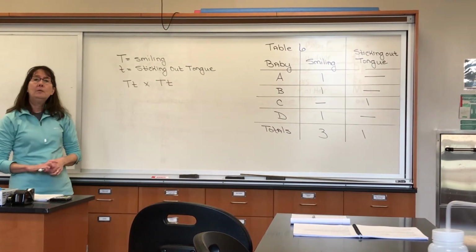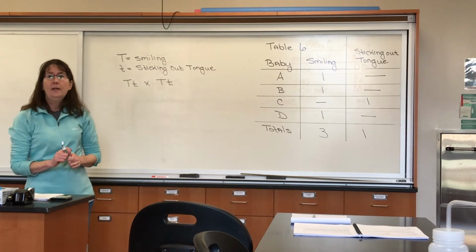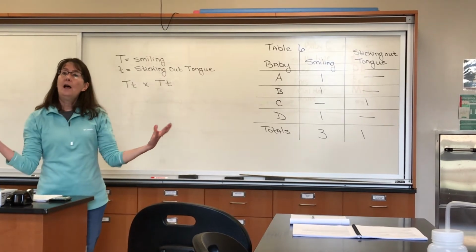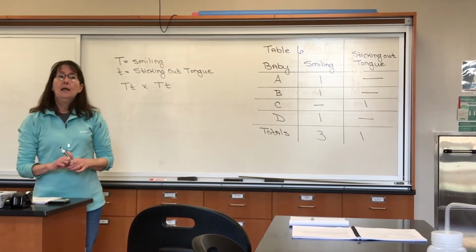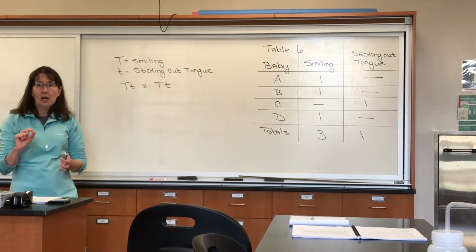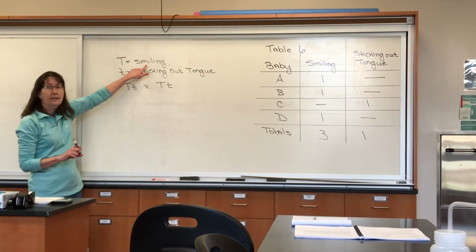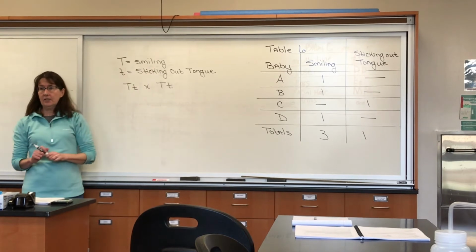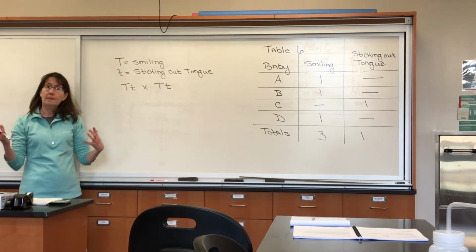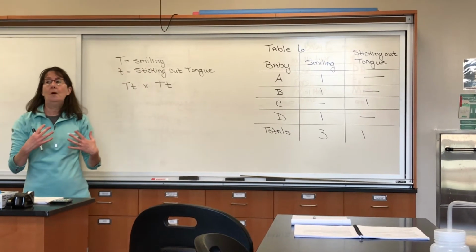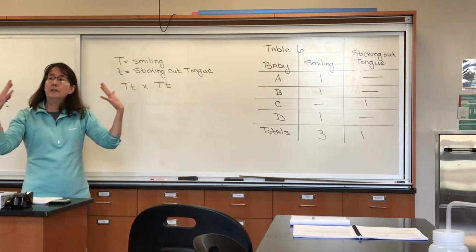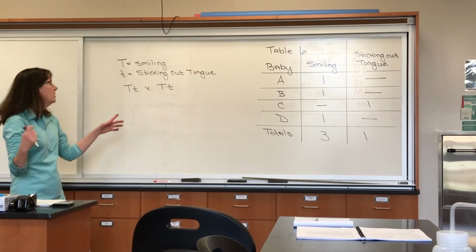We can now complete a Punnett square to figure out what the offspring should look like and what the probabilities are that they will be smiling or they will be sticking out their tongues. So remember, in meiosis 1, we pull apart the homologous pairs of chromosomes.